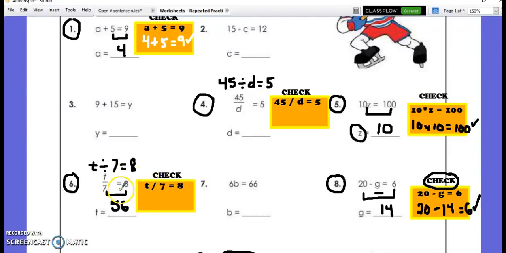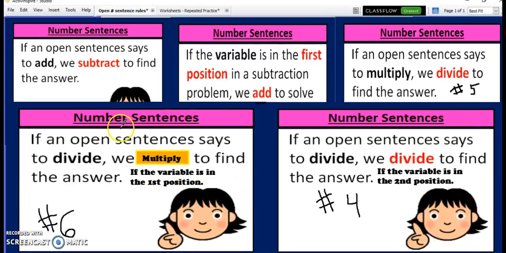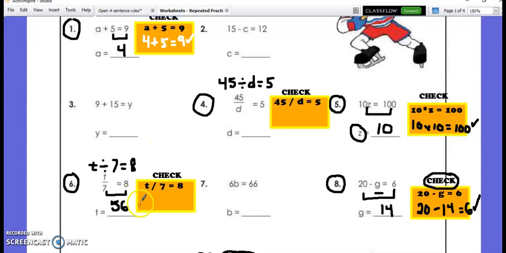Well, no wonder instead of dividing, I actually multiplied, because the rules tell you if an open sentence tells you to divide, and the variable is in the first position, then you multiply, which is what we did here to get to 56. We believe it's 56. I'm going to replace t with 56, plug 56 into my calculator, divide it by 7, and sure enough, it will check off, and I will get 8.